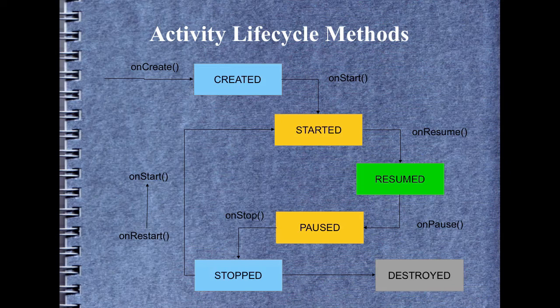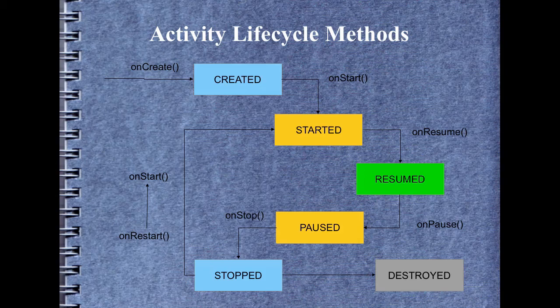Then OnStart is called, finishing up with the started state, and so on and so forth. OnResume for resumed, OnPause for paused, OnStop for stopped, and then there is another method here that I neglected to mention. OnDestroy is called when we're going into the destroyed state, but typically we do very little by overriding OnDestroy, and we'll talk about that in a little bit.